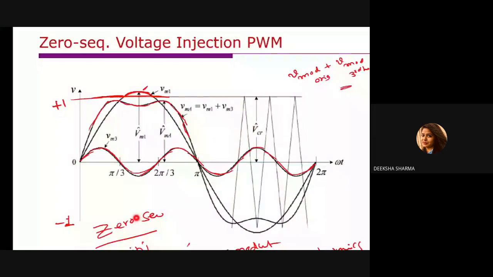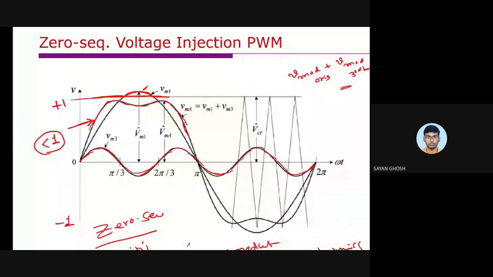So the resultant waveform that we obtain is less than 1. Agree? Yes, sir. It's clear? Yes, sir.